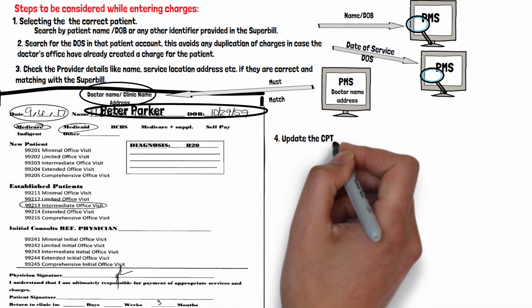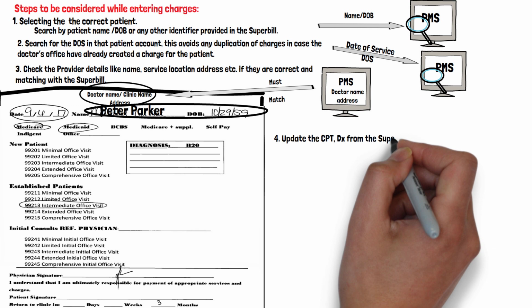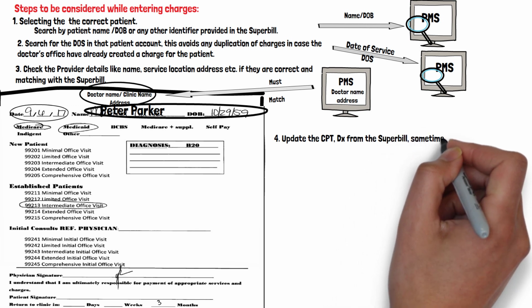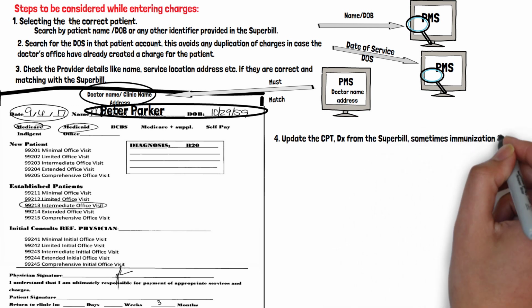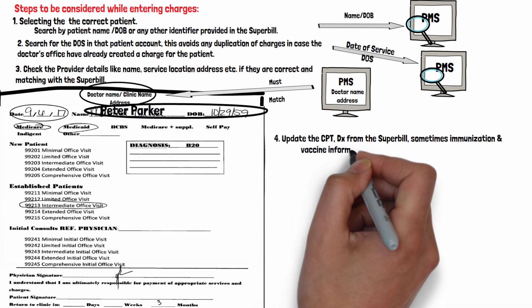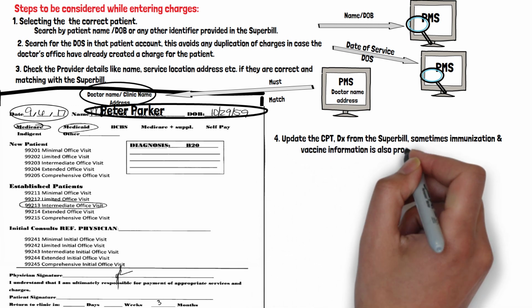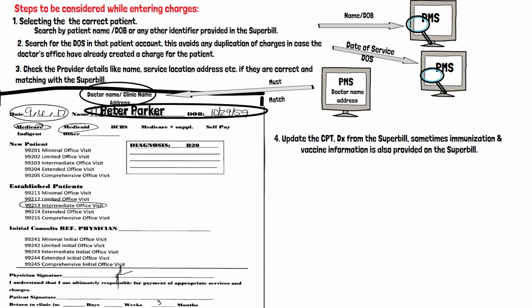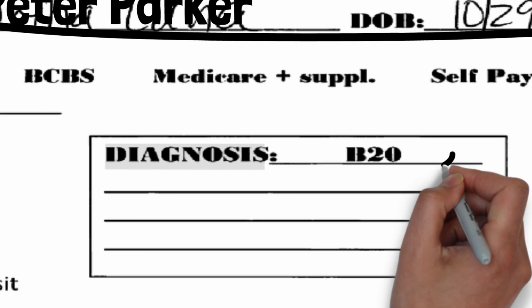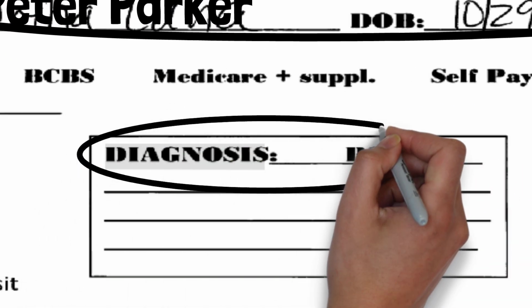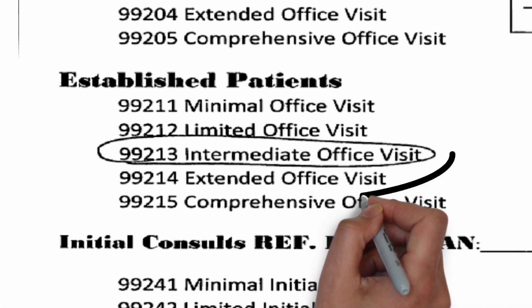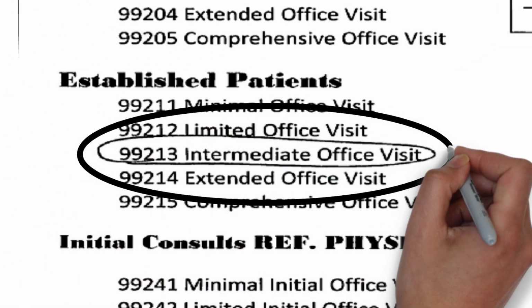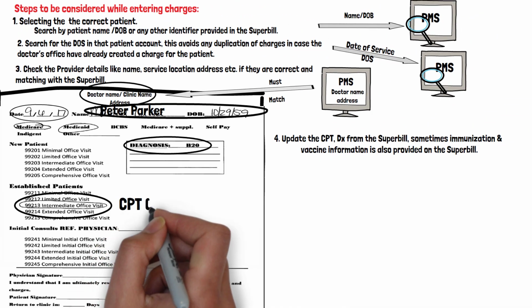Now the fourth step is to update the CPT and diagnosis codes from the super bill. Sometimes the providers may also give injections, immunizations, as well as vaccines to the patients when they visit their clinic. That information is also mentioned on the super bill. As you can see here, the diagnosis is B20 and the doctor marked 99213, which is the CPT code.